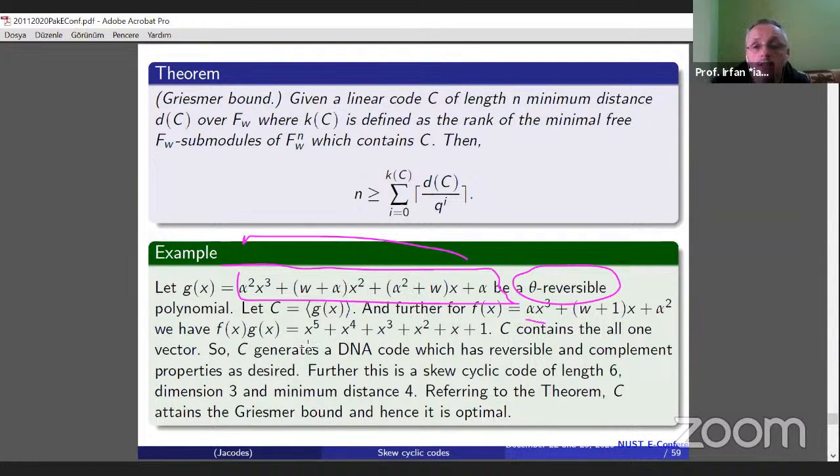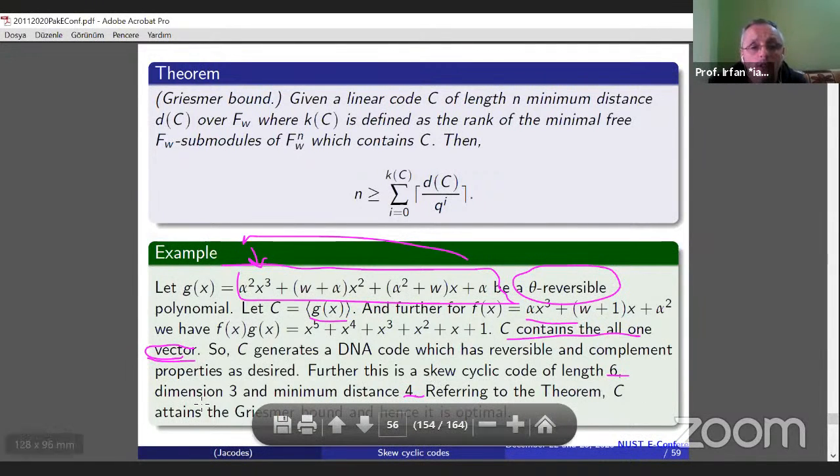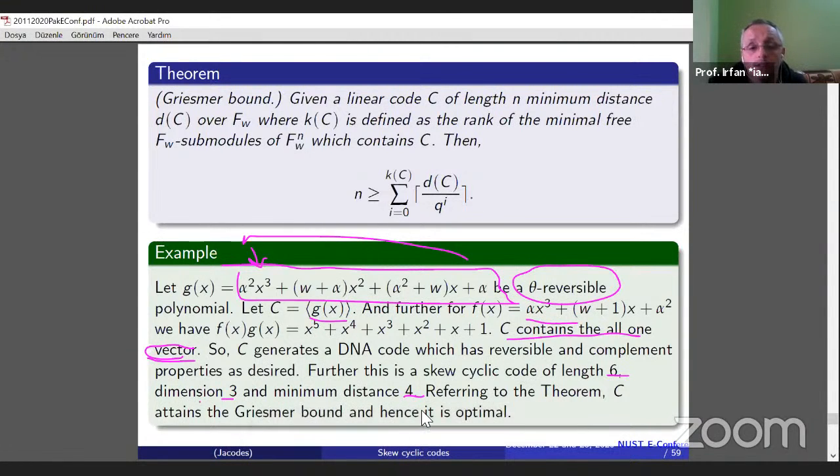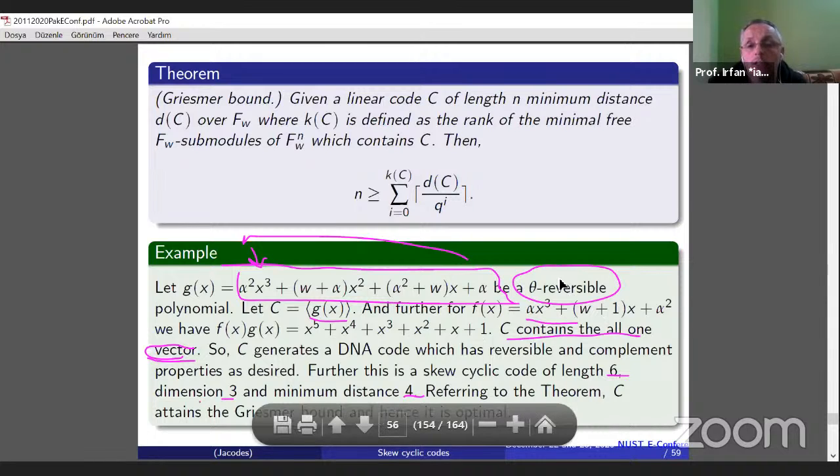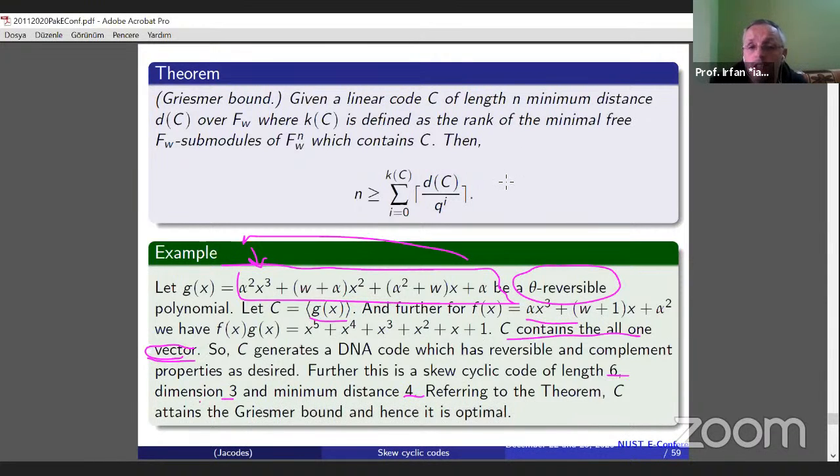And then you pick F and G, particularly G is this one, you pick an F like this, and you make sure that it contains the all-one codeword vector. Actually, this is a codeword. So C generates a DNA code of length 6, minimum distance 4, dimension 3. It's a small one. It satisfies the Griesmer bound. It's an optimal code. It's the best one.